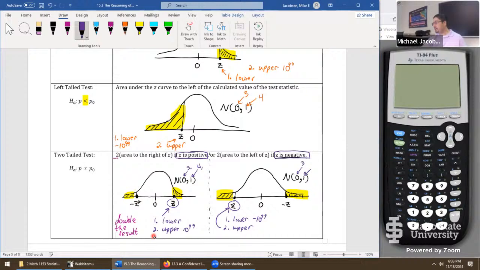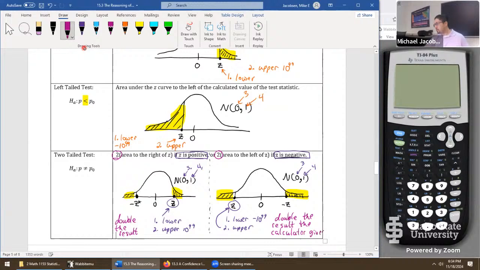That'll be input 3, input 4. And this is actually pretty easy to forget. You have to double the area. So in the calculator, double the result the calculator gives. That's the full description of getting all those p-values.